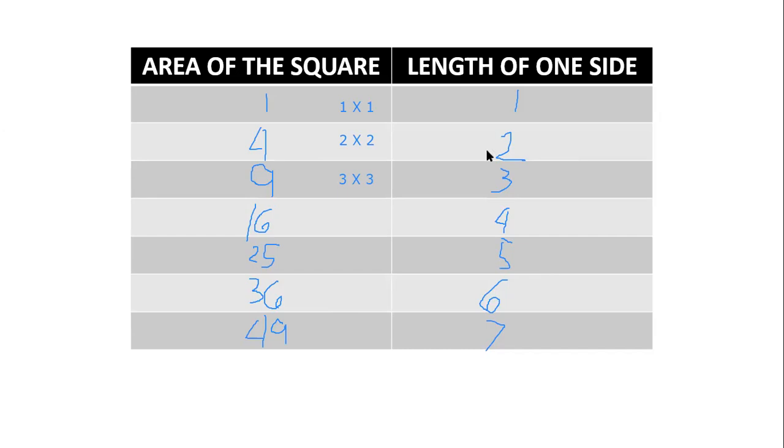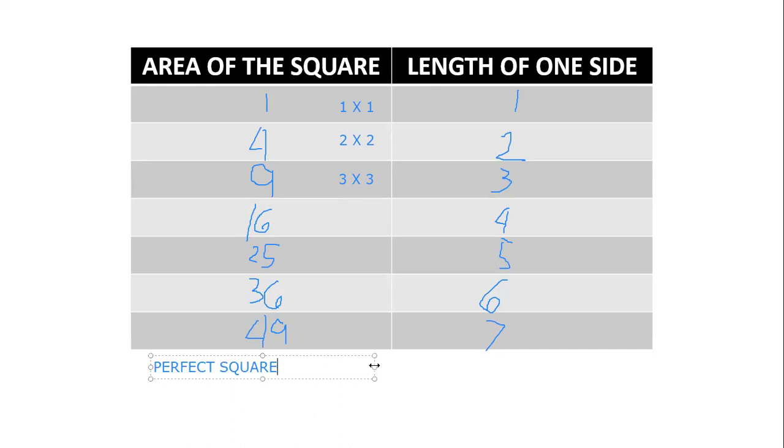So how is this related to our lesson? This tells you that this area can make a perfect square. So this side of the table or chart makes a perfect square.